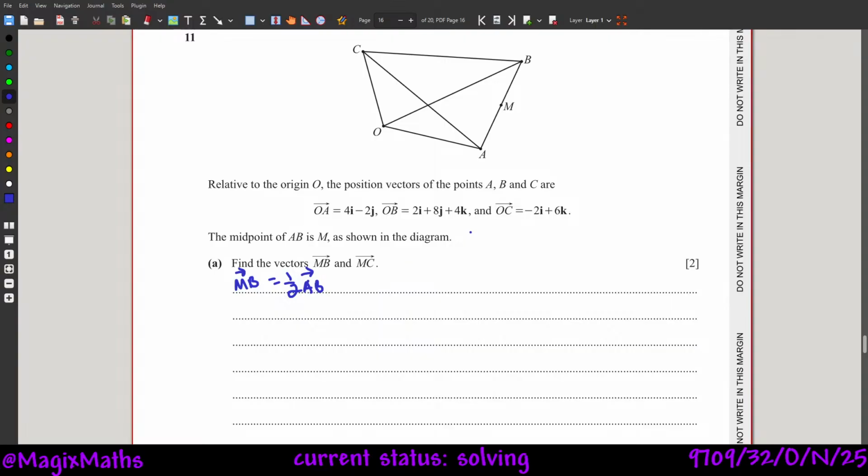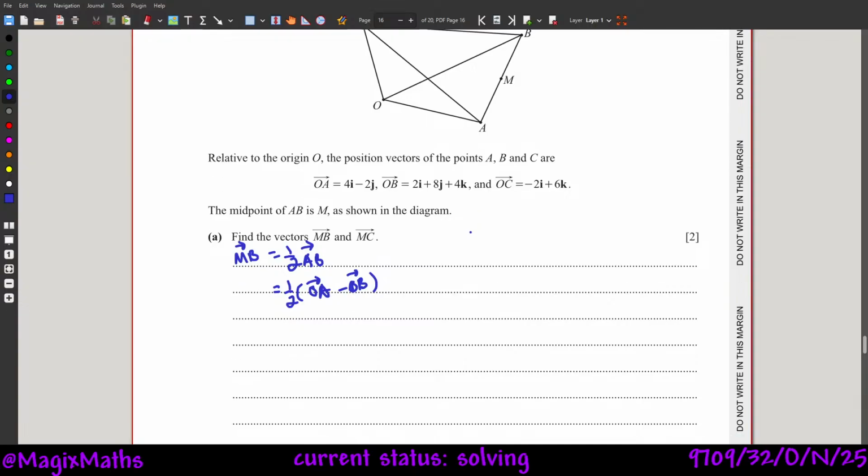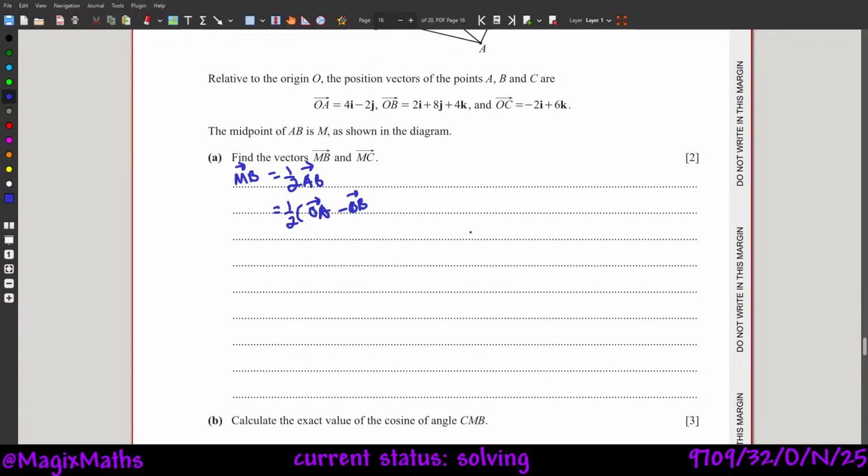So it's half of OA minus OB. Wait, sorry, we're going to OB from OA. So it's that. So it's half of OB.